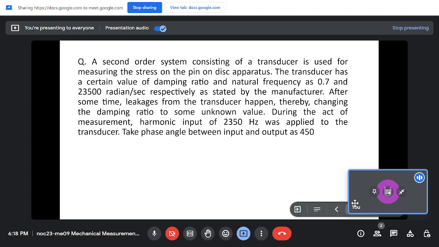During the measurement, a harmonic input of 2350 Hz was applied to the transducer, and the phase angle between the input and output is 45 degrees. This is 45 degrees, it's not 450.